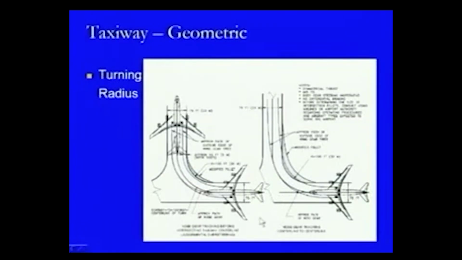We will also look at some more diagrams here. This is another diagram where we can see a plane which is coming on this side, and this is the runway strip in this direction. This aircraft is coming along the center line of this runway strip.